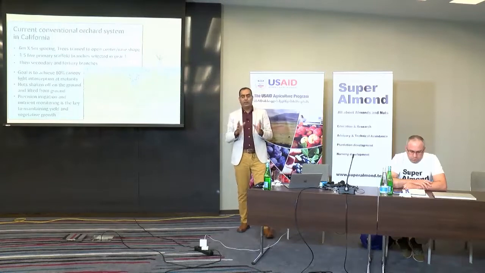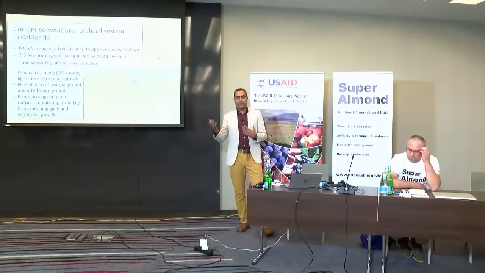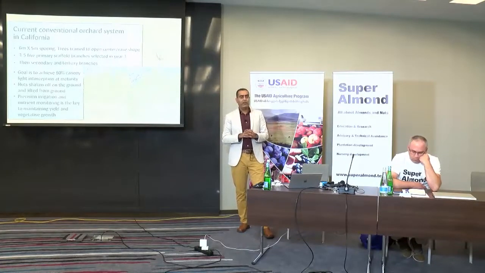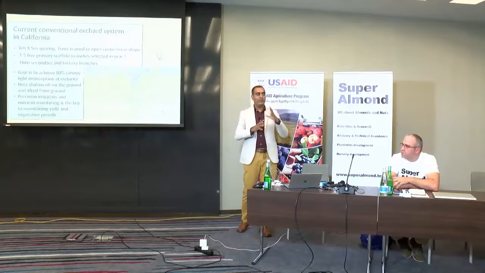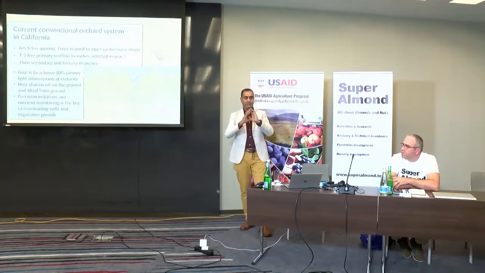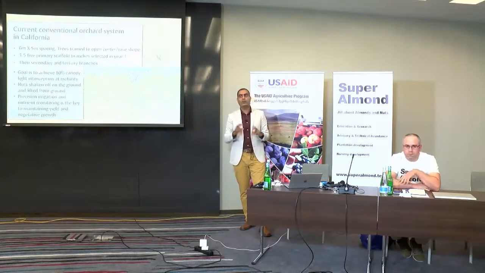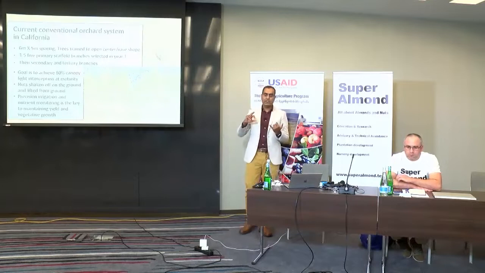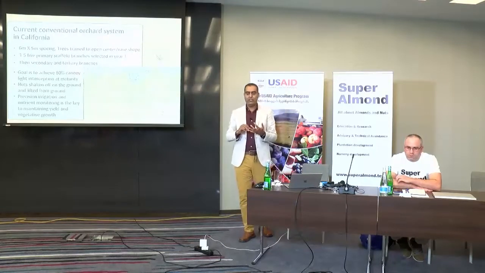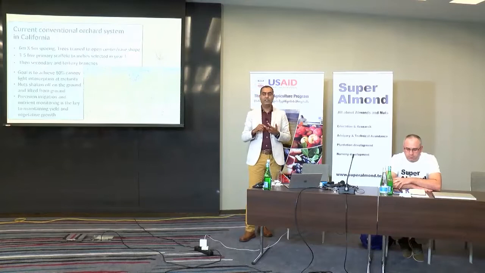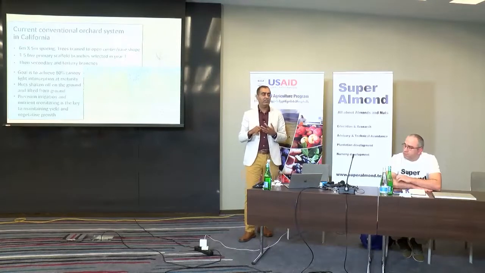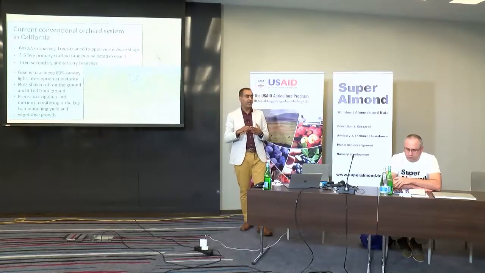So in California, we as a university system, and a lot of other university experts, are doing a hands-off strategy, which means that we let the trees grow. Once we train them to a good shape, the only pruning that we need is what we call corrective pruning, which is coming back every year and seeing if there are dead branches, or diseased branches, or if there is too much shading.